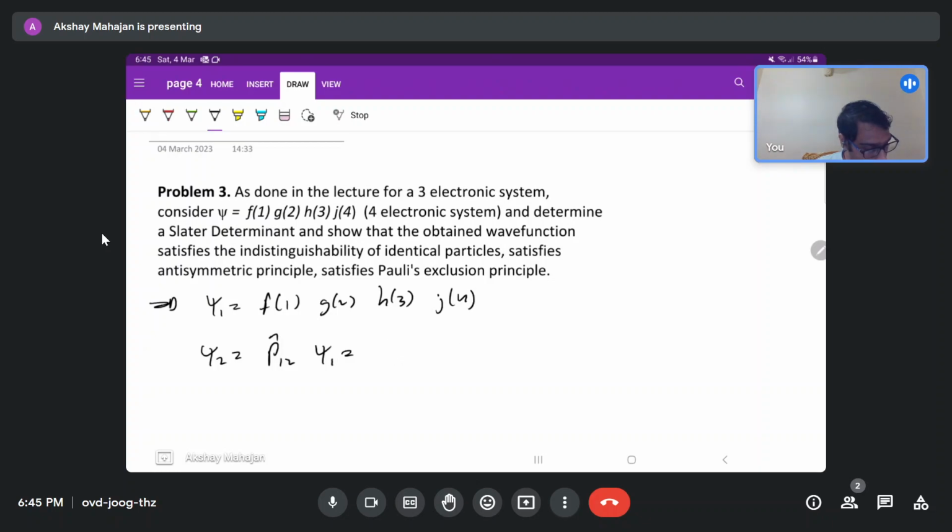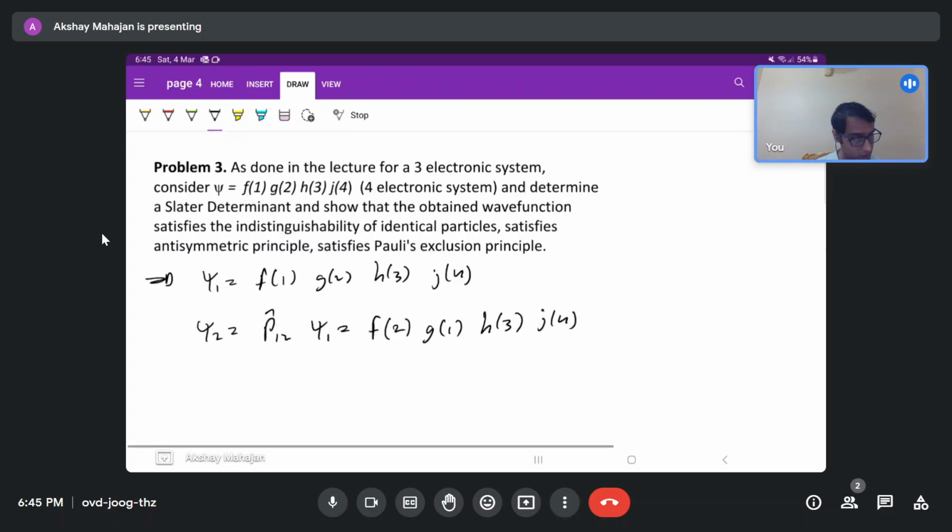This operator will just interchange electrons 1 and 2. So now F will be with 2, G will be with 1, and H and J are the same. So this is another combination in which we can put our electrons in these spin orbitals.